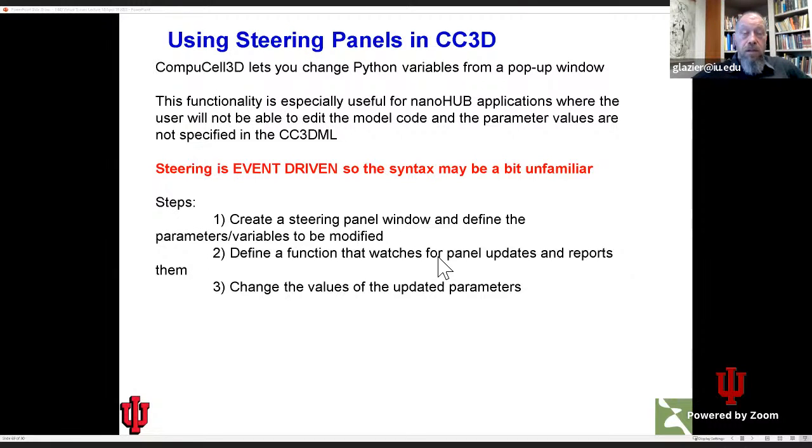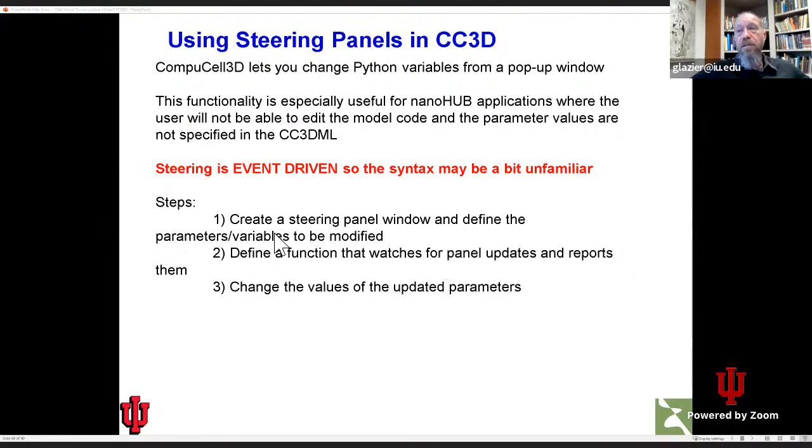The steering panel is not the most flexible, it's not the prettiest in terms of its layout, but it works. Just the way we had to think about declarative programming, which is a little different from procedural programming, steering is event-driven, and so you have to think about that. If you're not used to it, it may be a little bit unexpected how it works.